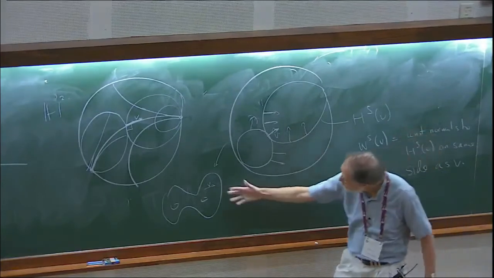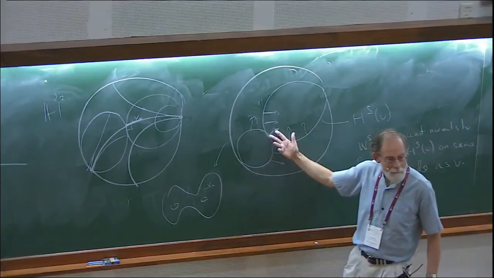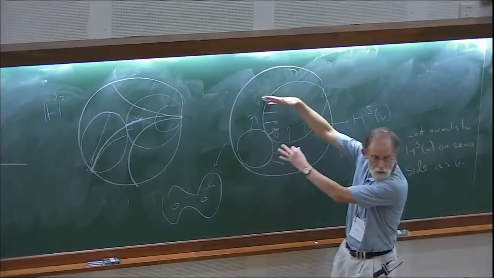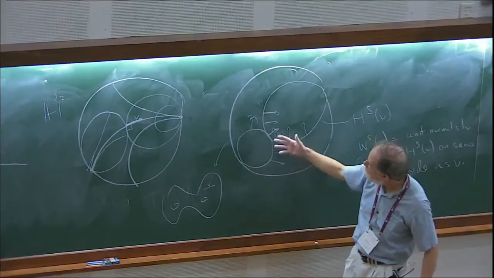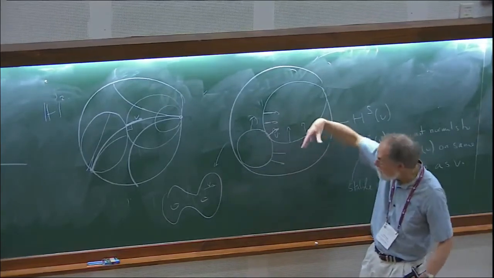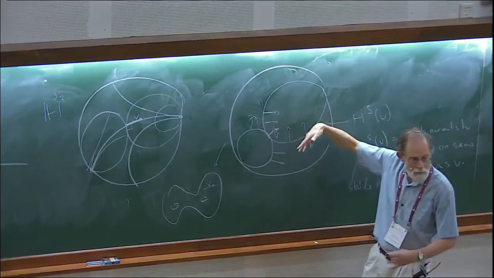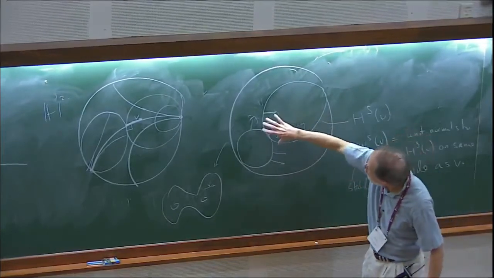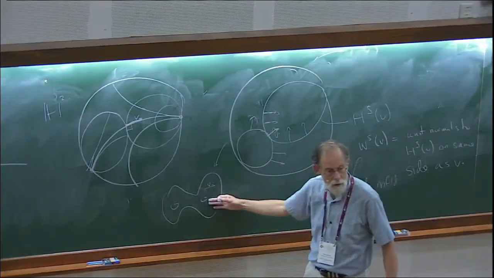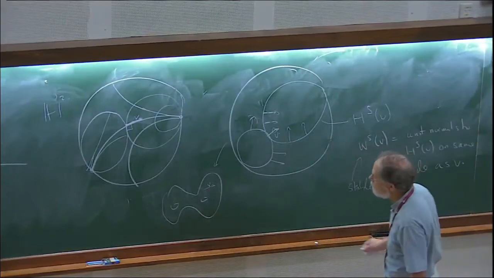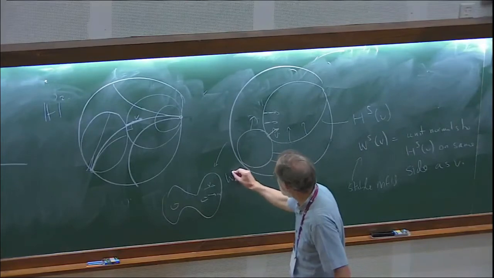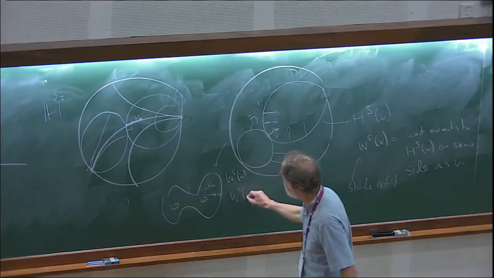Well, I have multiple liftings of v, but they're just connected by symmetries. And so it doesn't matter which lift of v I pick, when I make this construction, I get an isometric copy of the construction from another lift. And so what I have up here projects to something down in the tangent bundle. And then if I do it for a different vector w, I get WS of v, WS of w.